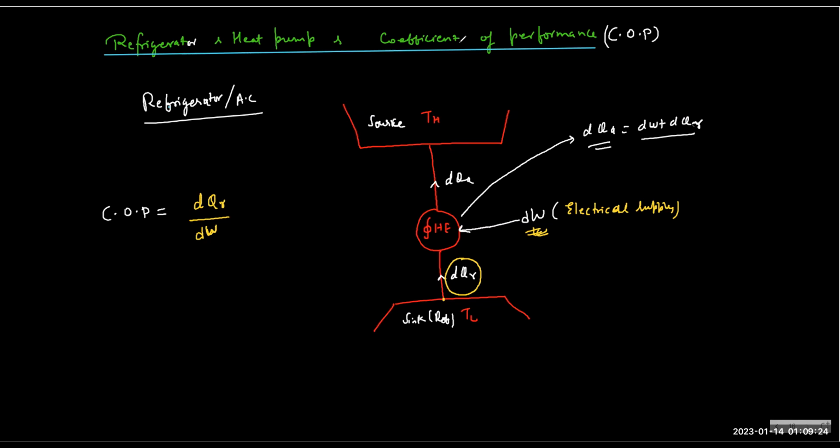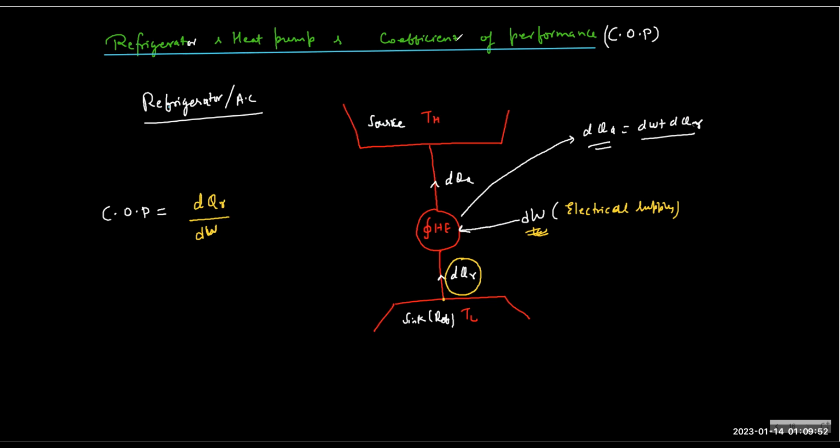It is different from efficiency. Efficiency is defined in a different context. Here, efficiency would have no meaning. Efficiency we define for the heat engine in which we give energy and we wait for the work, how much work it is performing. Here we are doing the work so that the energy extraction can take place.